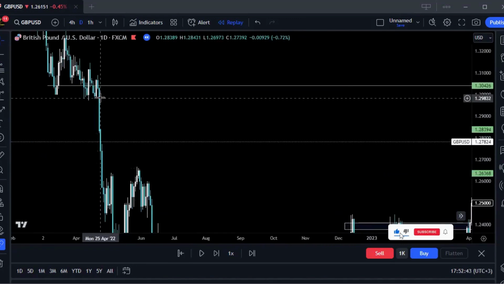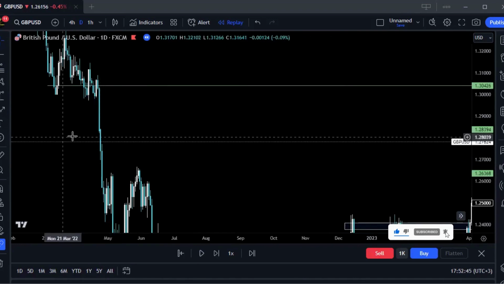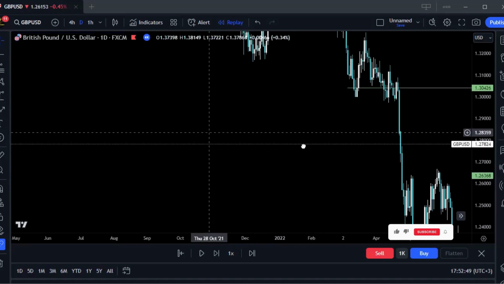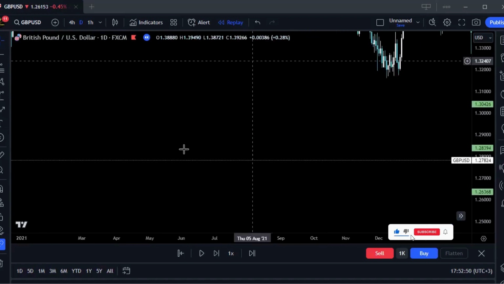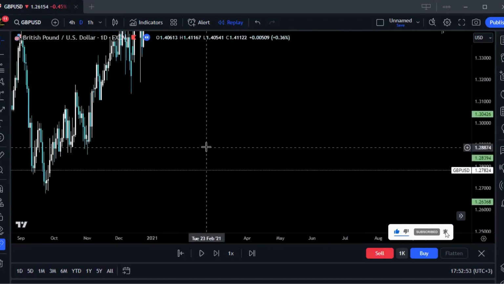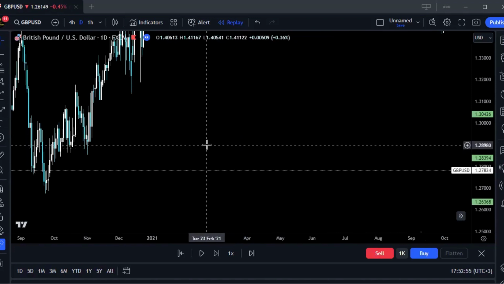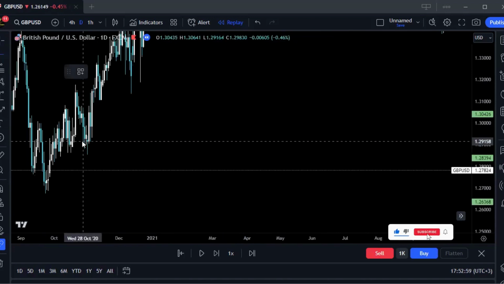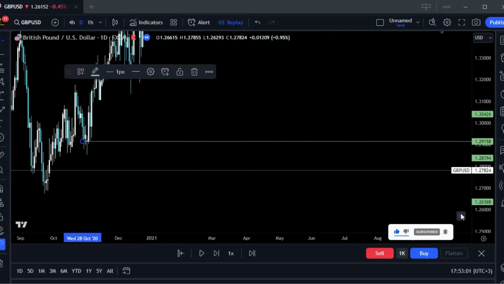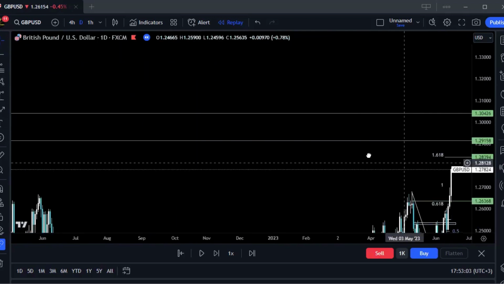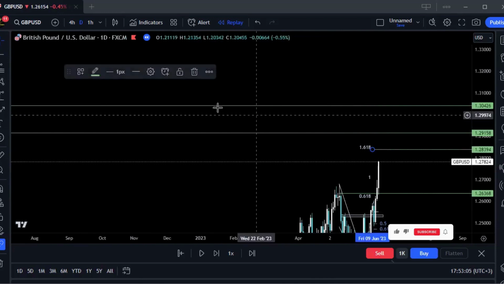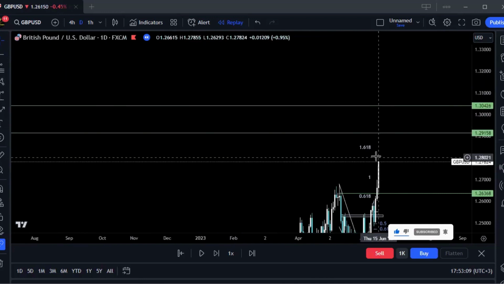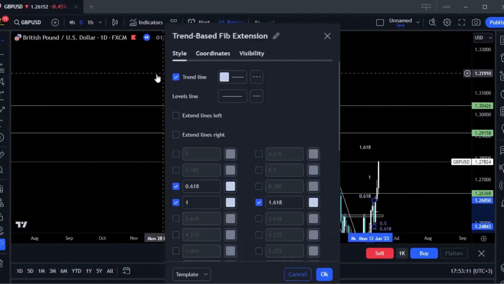So as we can see, it's a clean slate here. Let's pull back a bit. Okay. So somewhere here. Let's see how that aligns. Okay. So that will be the first target before we aim for that. All right.